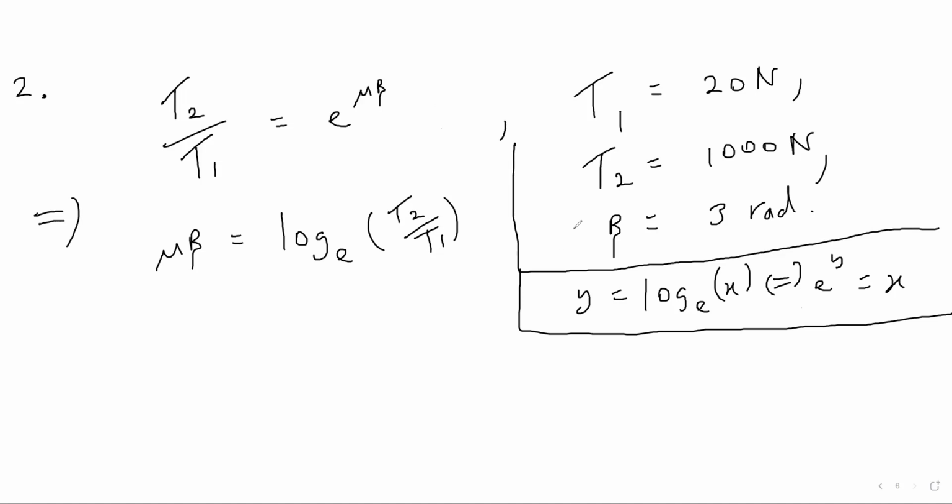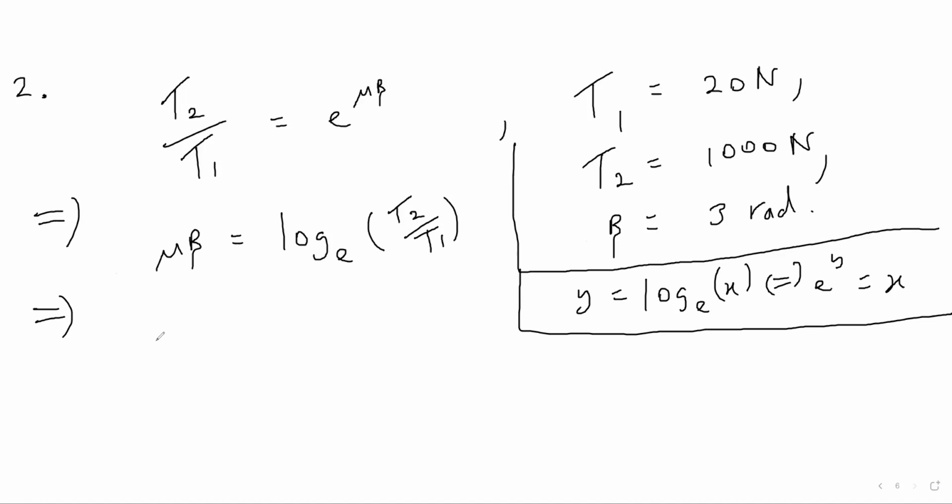So therefore, T2 over T1 is equal to e to the power mu multiplied by beta, implies that mu beta is equal to log E of T2 over T1. And remember, we are solving for mu.